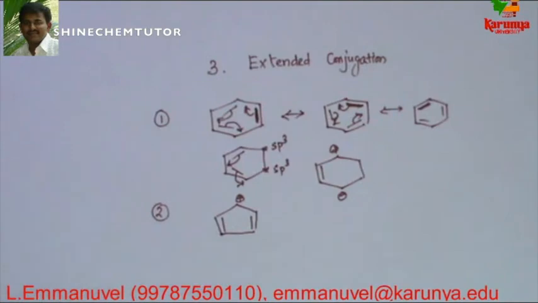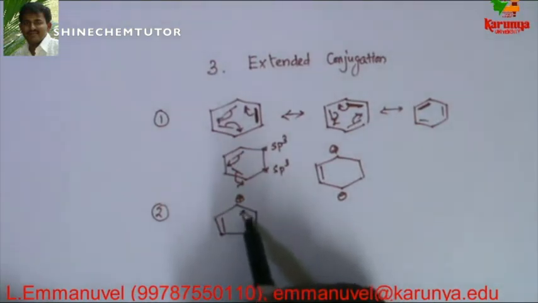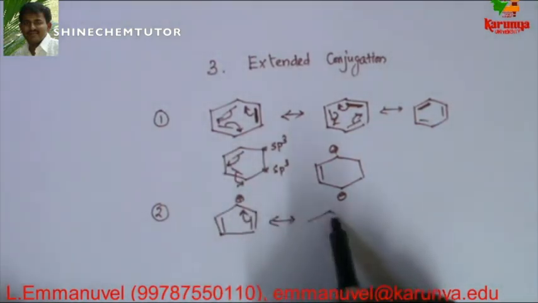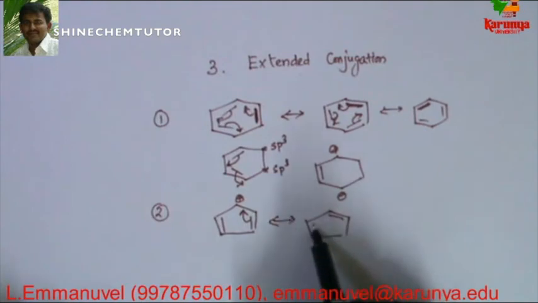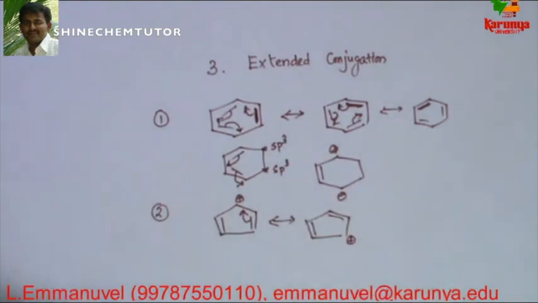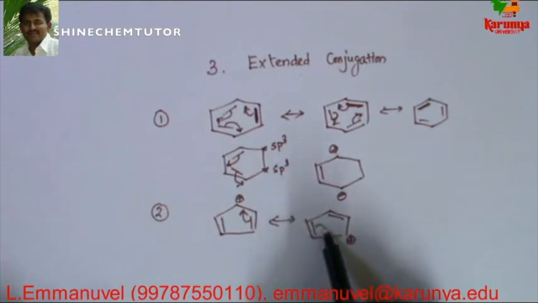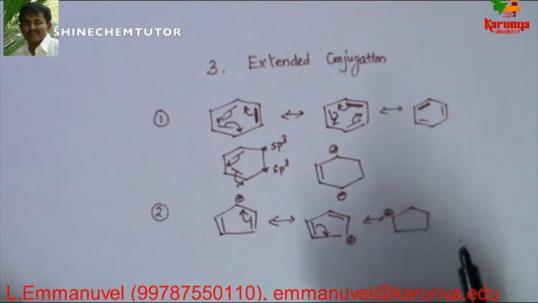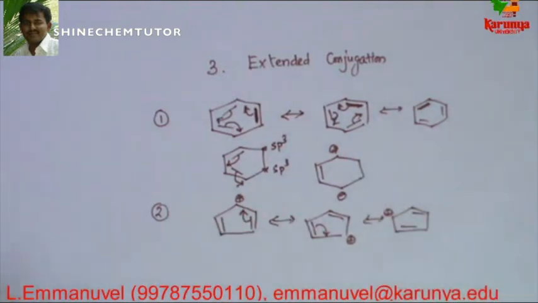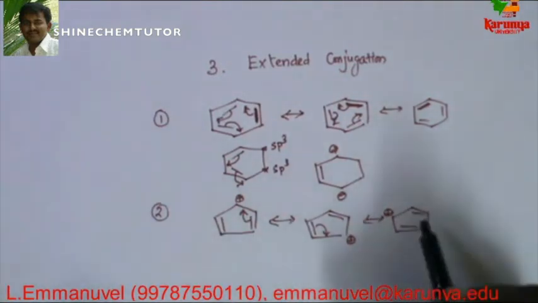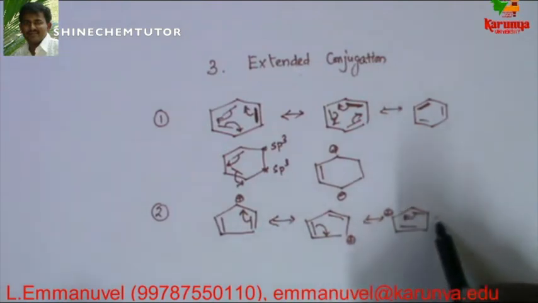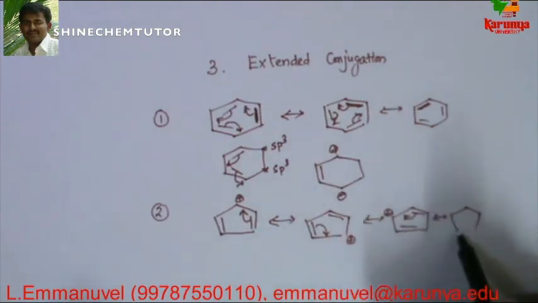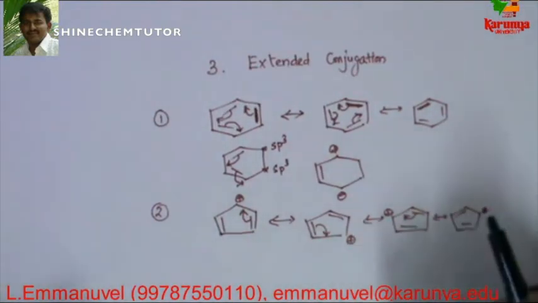Take this cation, the cyclopentadienyl cation, indicated like this. If you draw the resonance structure, you will get the plus charge here, then here, further on this carbon.